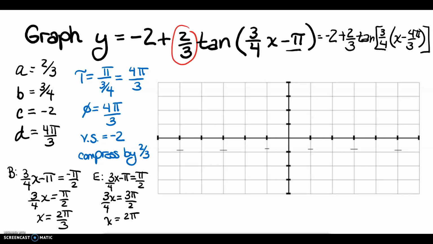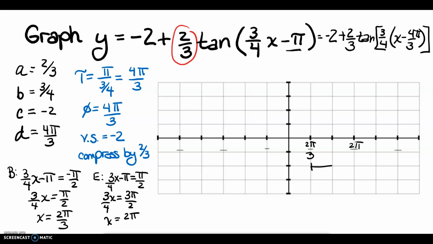Okay, so now let's go ahead and mark off on our graph. I have a beginning of 2 pi over 3. If I count by 2 pi over 3, where will I end? 2 pi over 3 plus 2 pi over 3 equals 4 pi over 3, plus 2 pi over 3 equals 6 pi over 3, which is 2 pi. So I know I can count by 2/3 pi and get to the end if I want to. Let's see how that looks on my graph. If I label this 2 pi over 3, 4 pi over 3, 6 pi over 3, which is 2 pi, I don't really like how that looks on my graph.